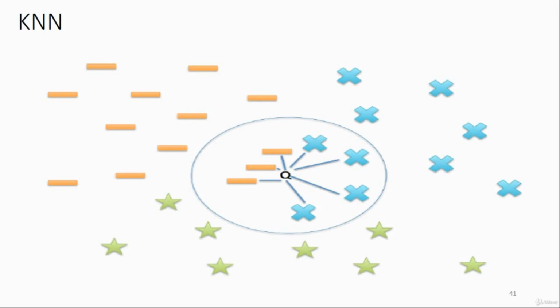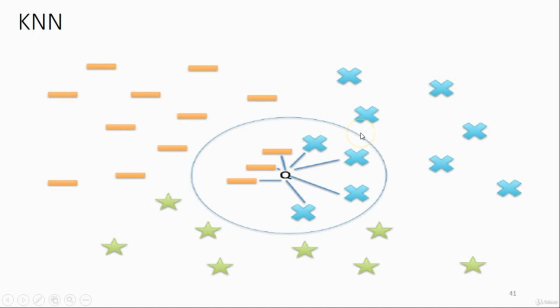K means the number of neighbors, the first N means nearest, and the second N means neighbor. That number K is your K number. Even in K-means, K is your number of clusters. Similarly, here K is the number of neighbors and N is nearest neighbor.